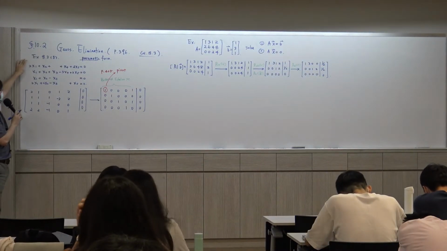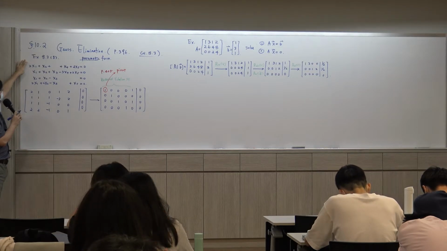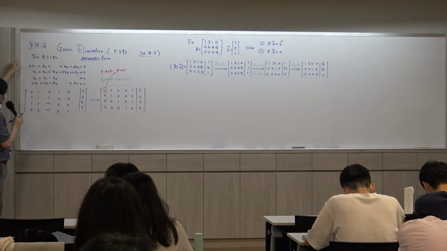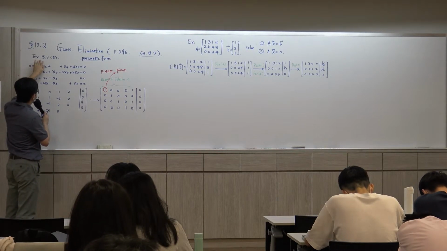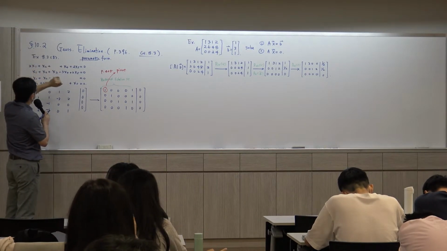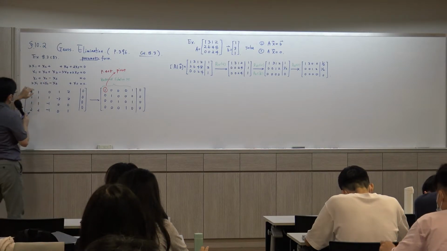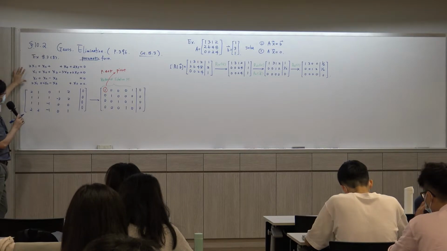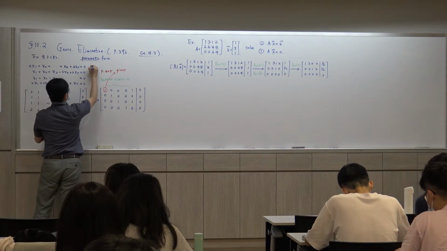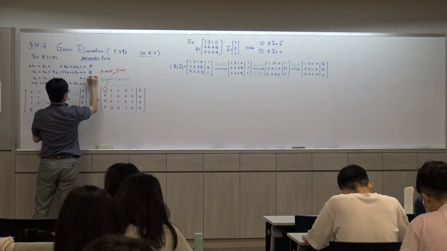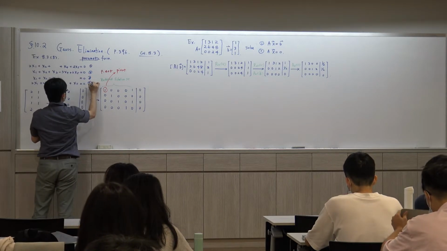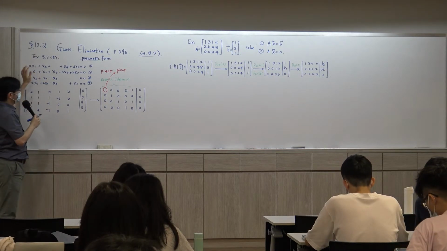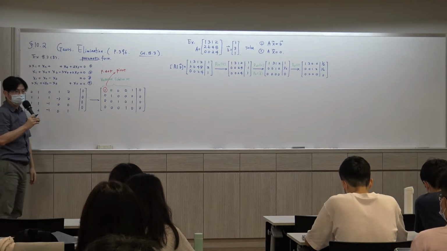Okay, we would like to practice example in the textbook. Example 8.3. So we have 4 equations here, but we have 5 variables.